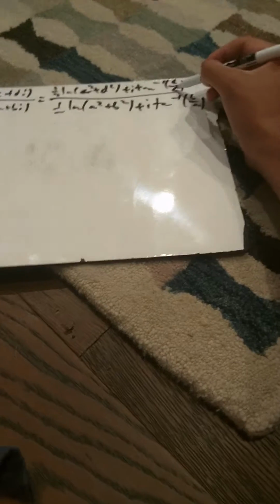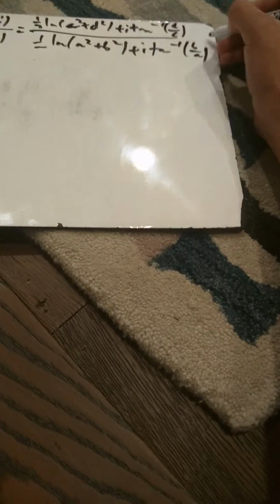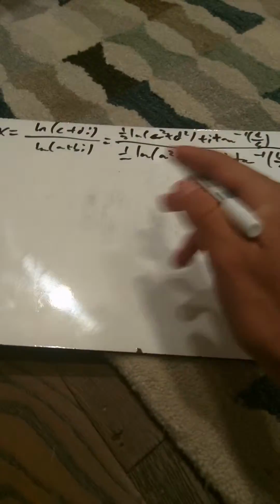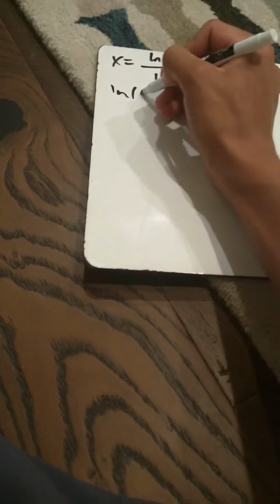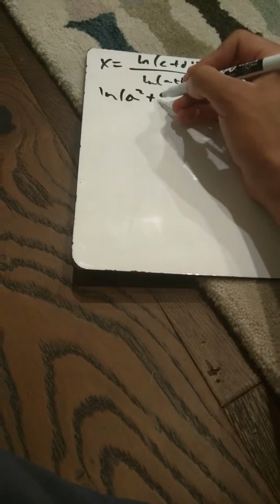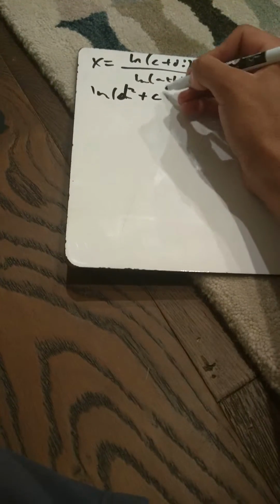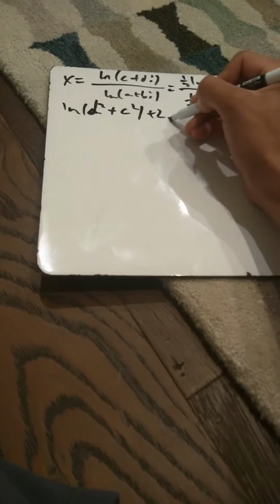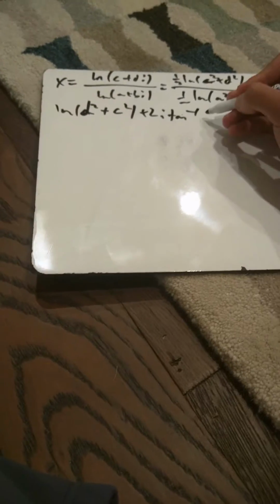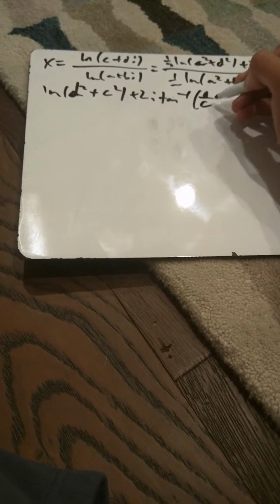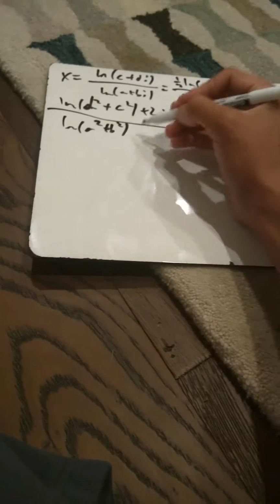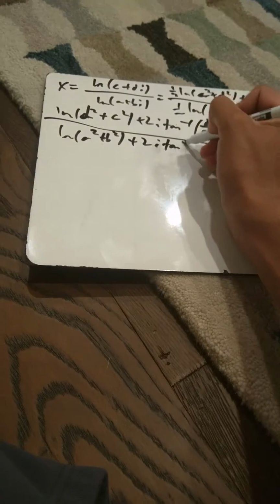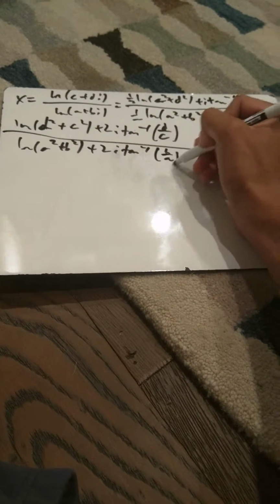So a, b, c, d. And this equals, you can multiply both sides by 2 to get ln of d squared plus c squared plus 2i tangent to the -1 of d over c, over ln of a squared plus b squared plus 2i arctangent of b over a.